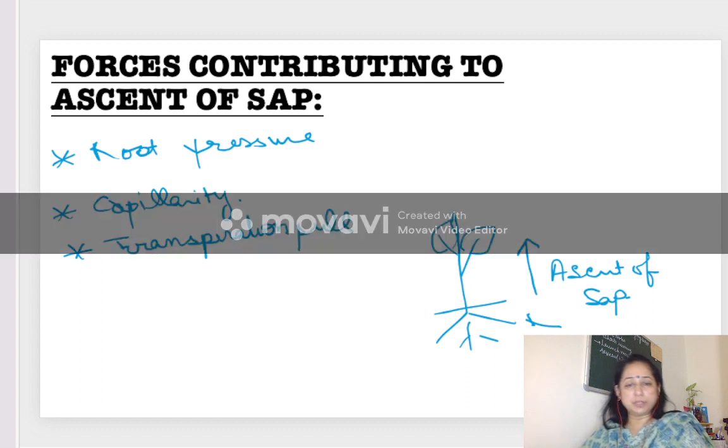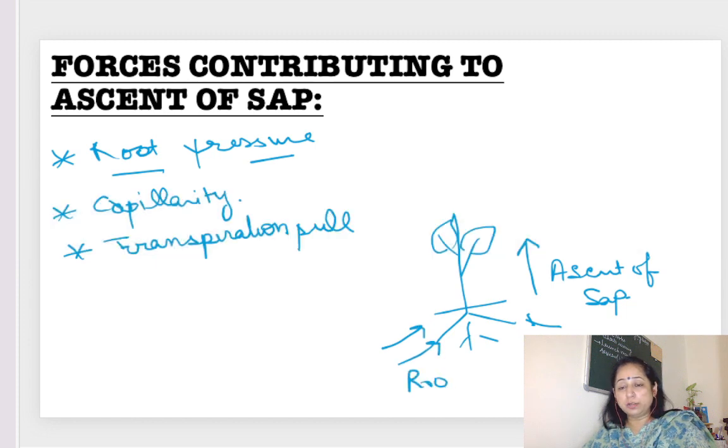So what is root pressure? I already told you, the pressure which is generated by the inflow of the water. The water which is going inside the roots develops pressure inside the roots, we call it root pressure.